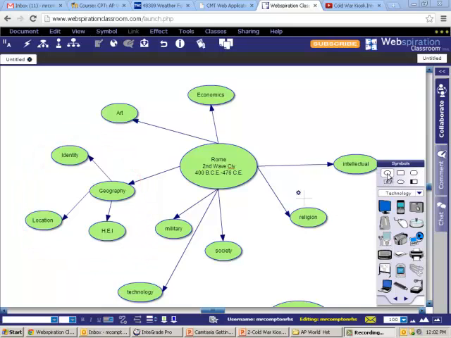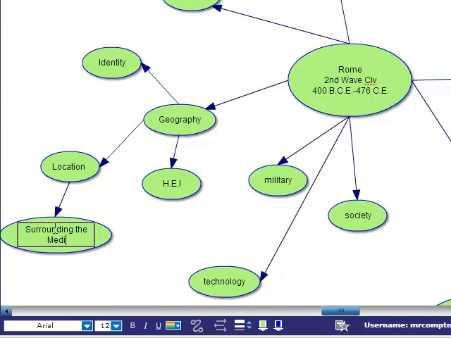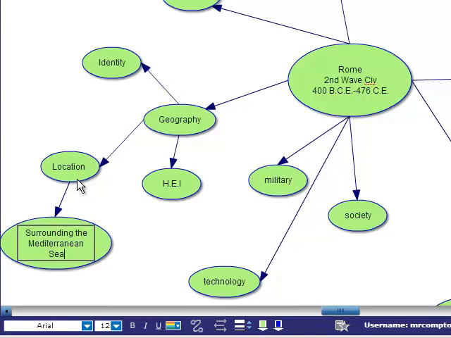Now, I'm going to be using Webspiration to illustrate how to do the mind mapping. You probably don't need to use a program such as this unless you really would like to. So for example, within the idea of geography, and I'll create a little arrow connecting, you find location. You need to be able to identify the location of where the Roman civilization is. In this case you could put surrounding the Mediterranean Sea, as an example.